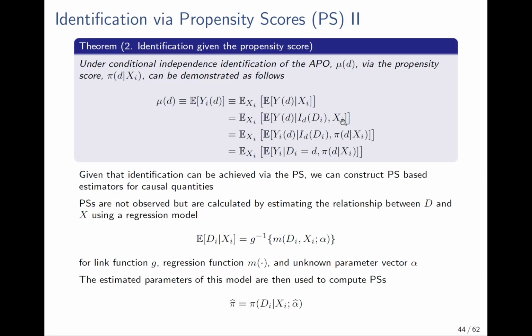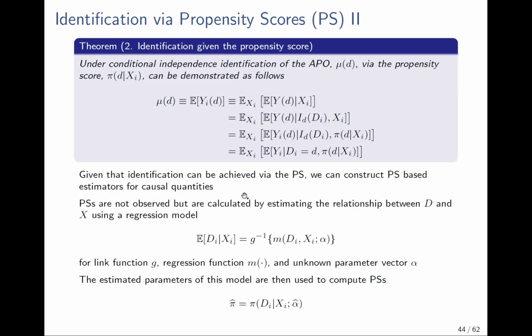Due to the balancing property of the propensity score, we can replace x, this vector here, with the scalar value here. And therefore, once we have conditioned on the treatment assignment indicator, we can get back to the observed data. And therefore, the conditional independence assumption has been restated with observed data, and it's therefore identified as long as we can get a value of the propensity score.